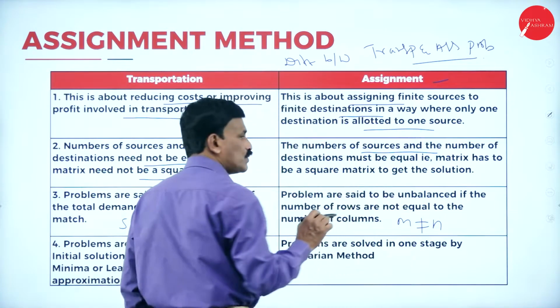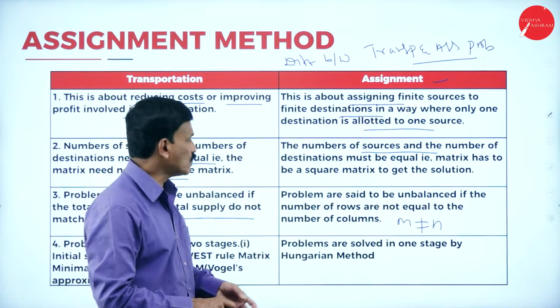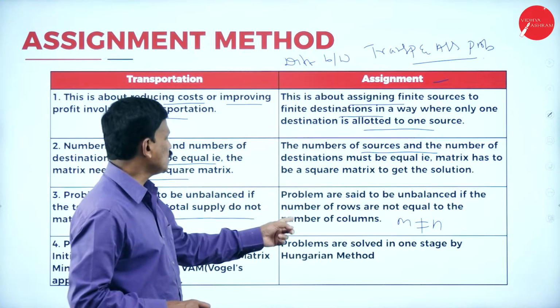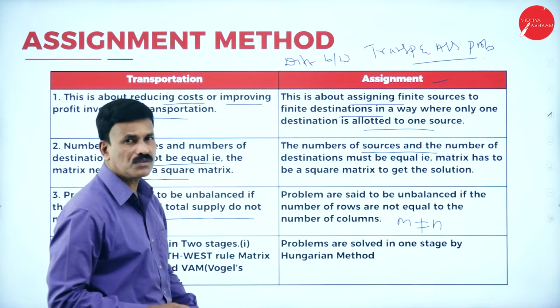Whereas an assignment problem is said to be unbalanced if the number of rows is not equal to the number of columns, that is, if it is not a square matrix. This is an important concept.